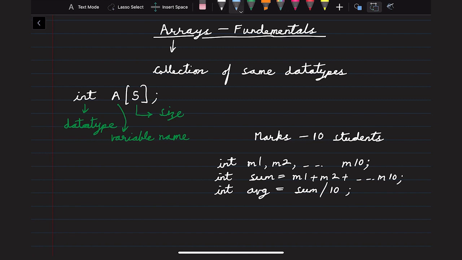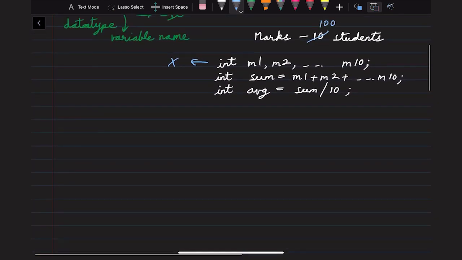Now let's say instead of 10 students, we have 100 students in the class. You can easily see that it will be very difficult to have 100 different variables. So instead, we can easily form an array of data type integer and size 100.